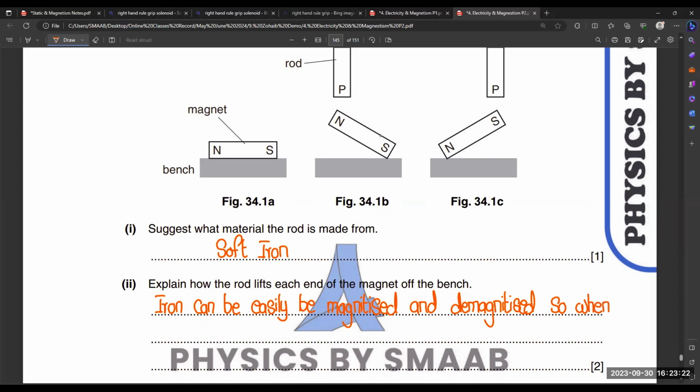So when it is close to the North Pole, it attracts and becomes magnetized.